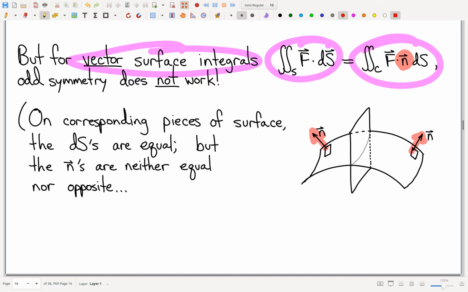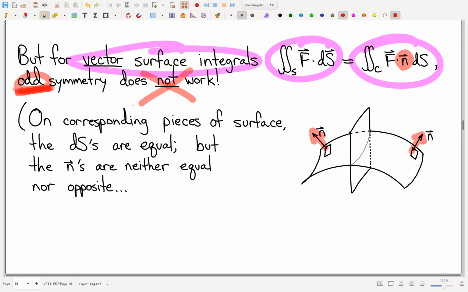This little piece of area can have the same scalar area as that little piece of area. No problem. But the normal vectors are not the same. They're also not negatives of each other. They're just different. So I'm going to say we're dead in the water. And certainly it follows there is just no odd symmetry theorem. Odd symmetry will not work for vector surface integrals.